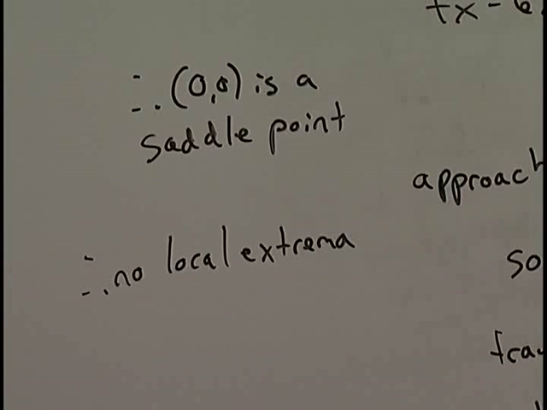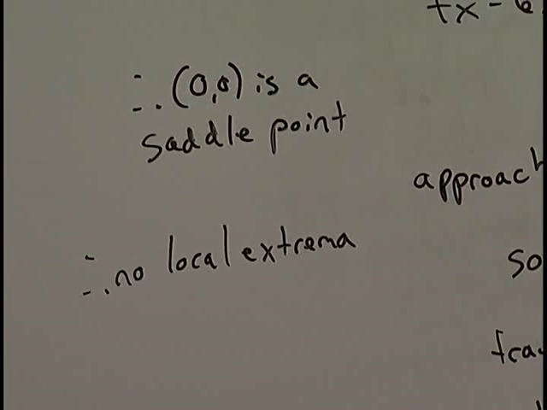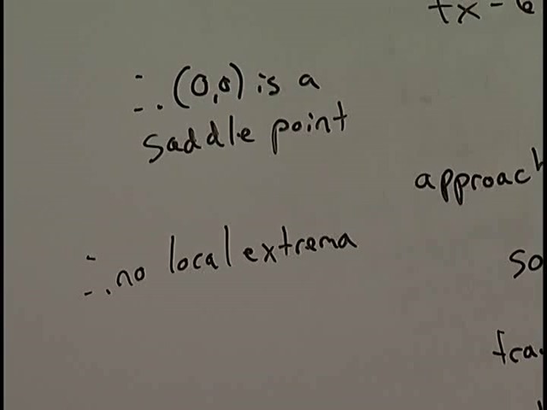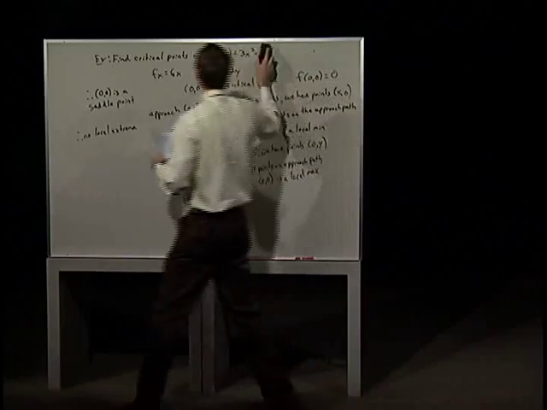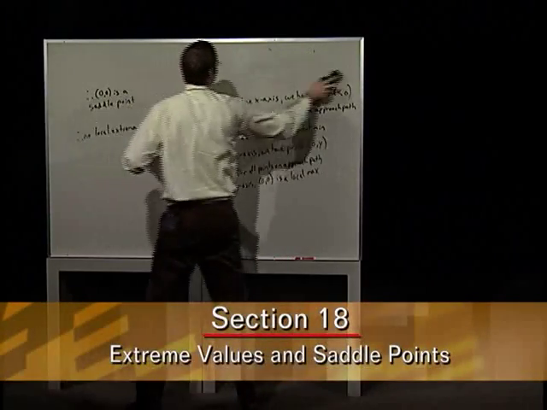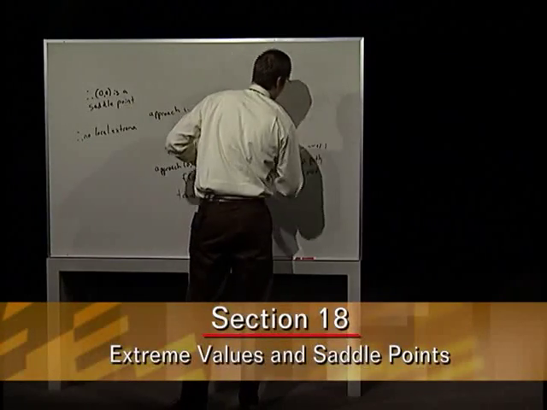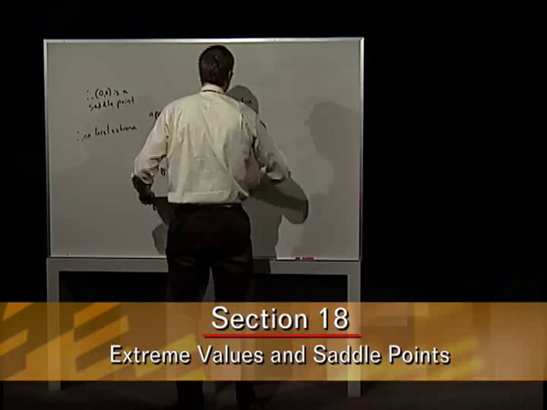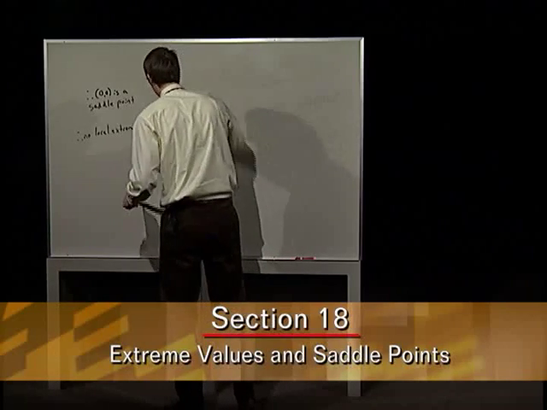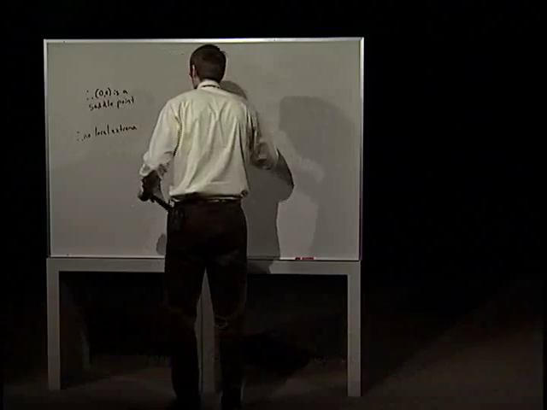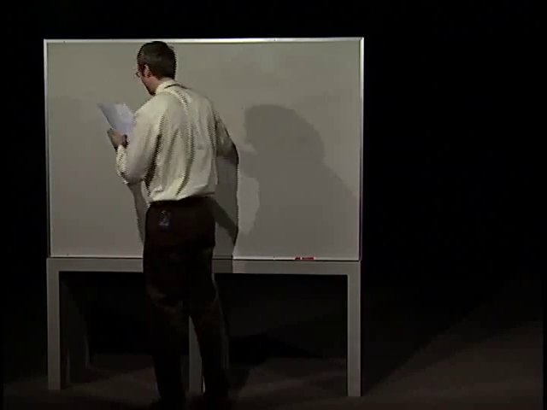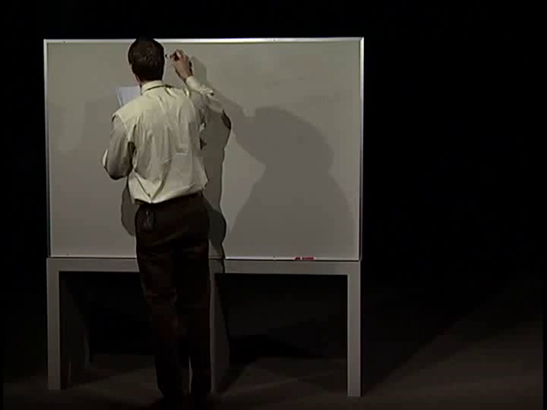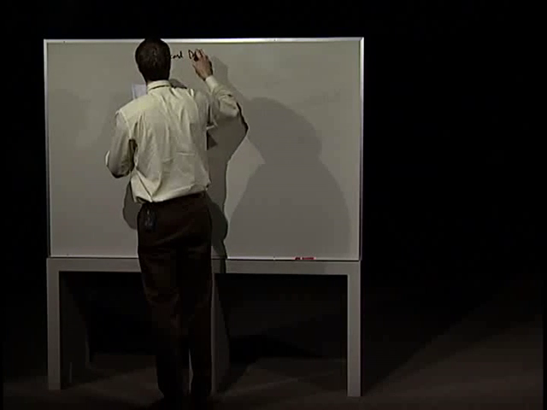Okay, well, sometimes this kind of analysis is a little bit trickier than I've made it seem here. It's hard to find good approach paths, and sometimes it's hard to figure out if local max or local min, right? So instead, we have a test. And just like we had a test on the second derivative for concavity in single variable calculus, we have a second derivative test for local maxes and local mins here in saddle points.